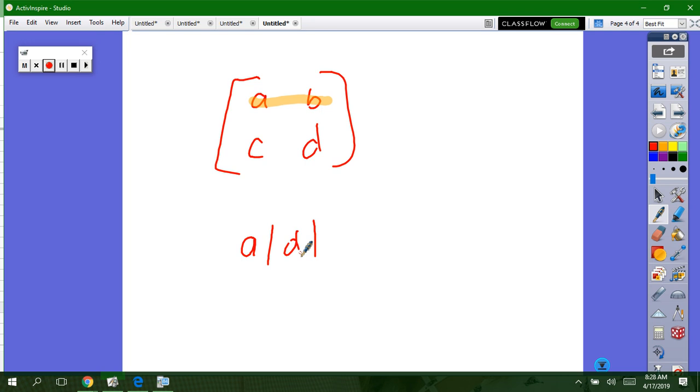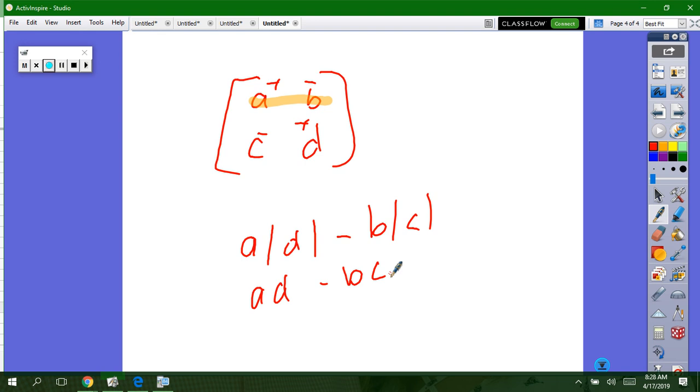It's D. So AD, right? Now, because he is 1, 2, that makes him a negative, because remember this is plus, minus, plus, correct? Because it's a pattern. So that makes him a minus. Then I take B times the determinant. Well, row, column, so C's left over. And that's how you find the determinant of C. The same idea. Okay. Yeah.